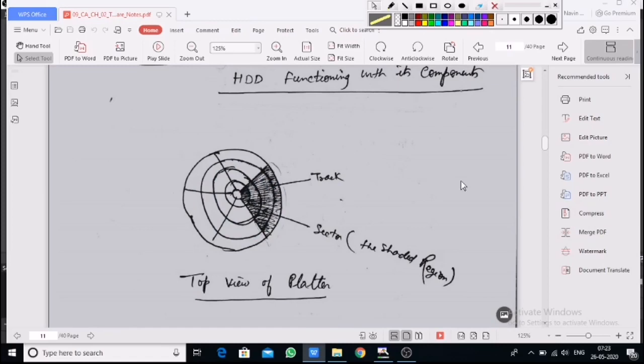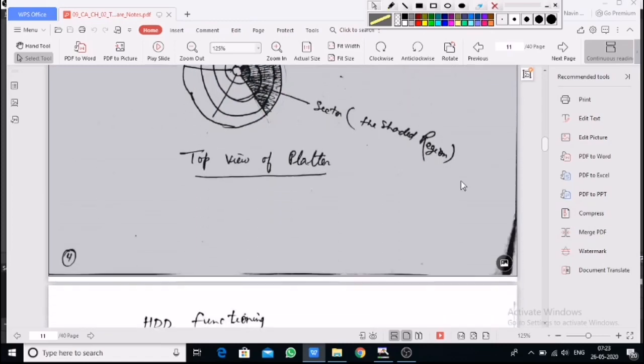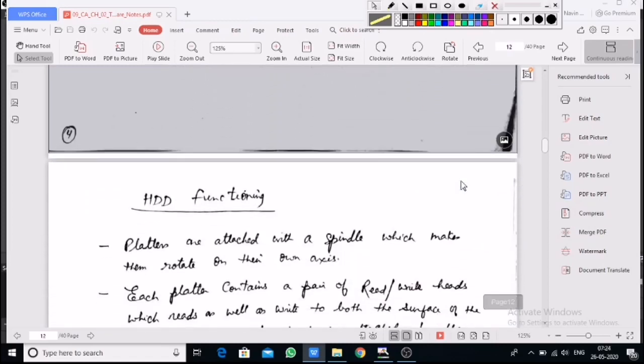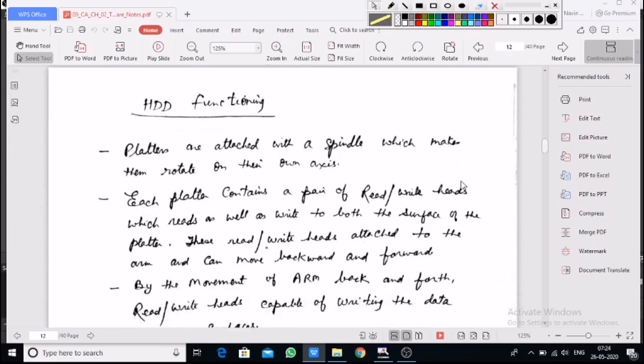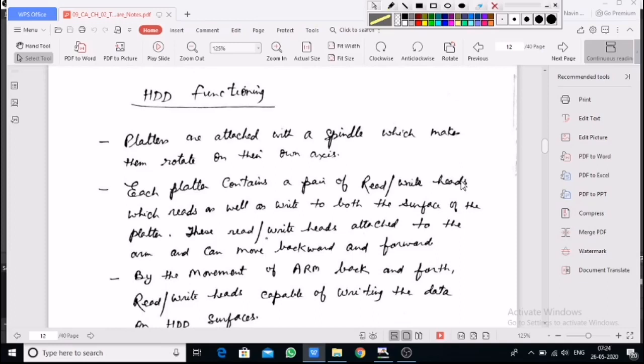So go through it, read the lesson. Everything is written in your notes. I have provided you complete notes, for class 9th as well as 10th, of the chapters we have studied till now. For 9th class, I have provided you 3 chapter notes, of which you need to study only 2 chapters. In the second chapter you need to study till CRT only, then HDD functioning.